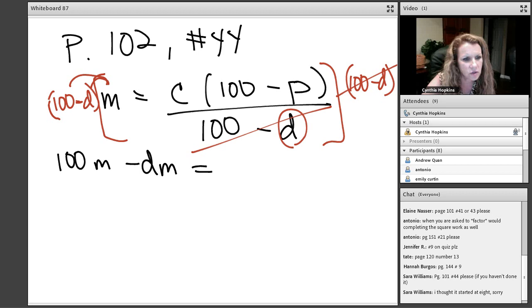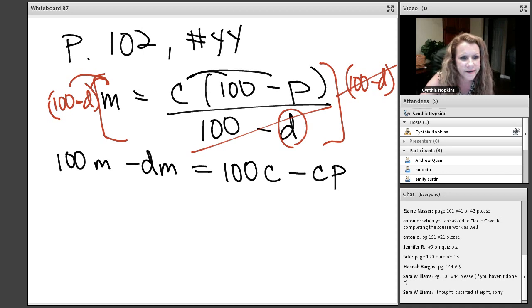So I get 100m minus little d times m equals, I think I'm going to distribute my c here. So I get 100c minus cp. Okay, we're solving for d, so I'm going to go back and circle that. It's only in one place, so this is a little different than our other problems.